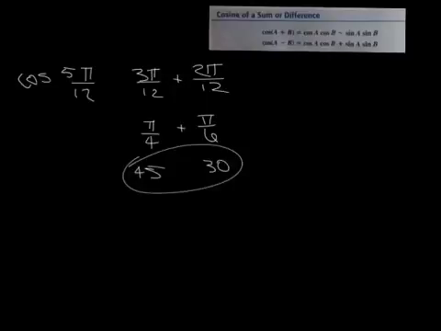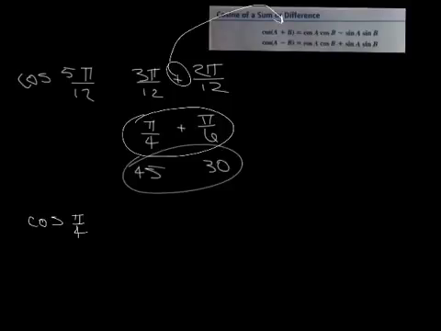We're going to use these two right here as our numbers. So we're going to take the cosine of pi over 4, because we've got a plus sign, so we're going to use this one.